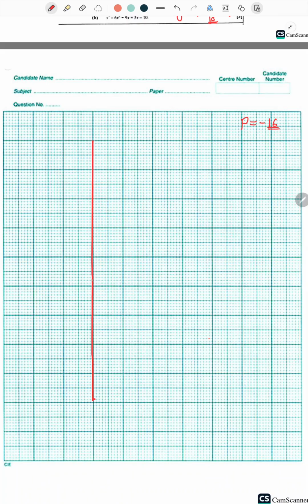If this is my 0, this is going to be my -10, -20, -30, then this is going to be my -40. Also up, this is going to be my 10, 20, 30, 40, until it goes all the way to +40.